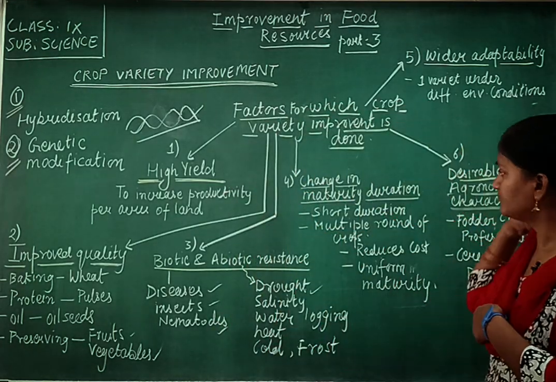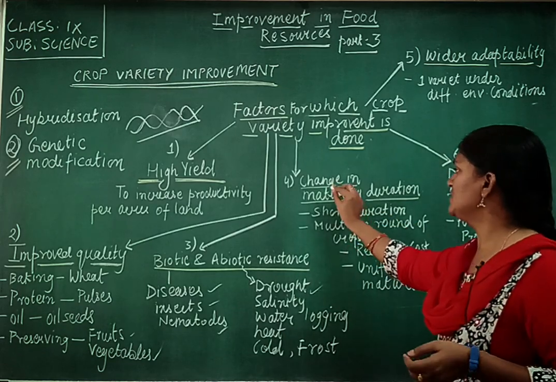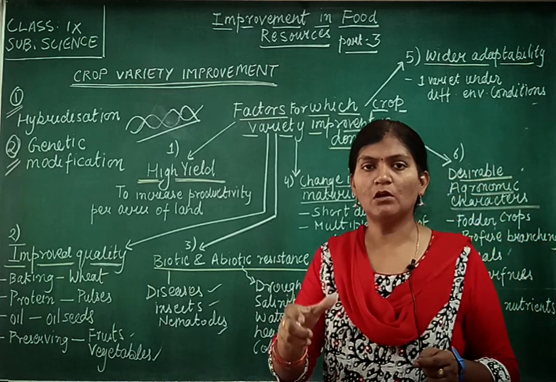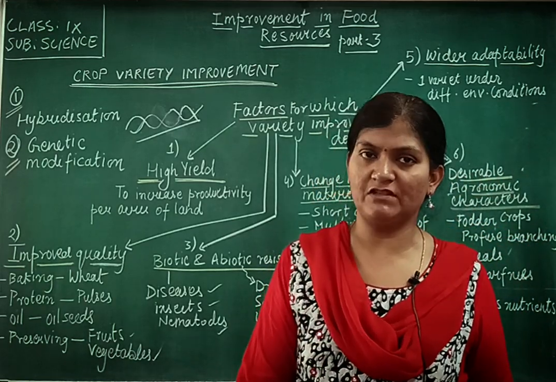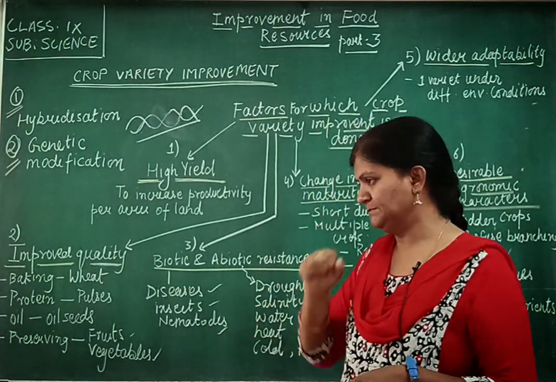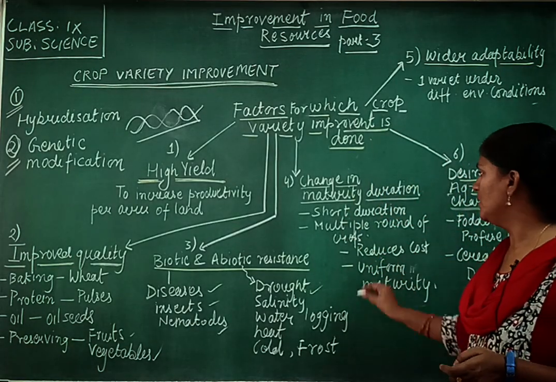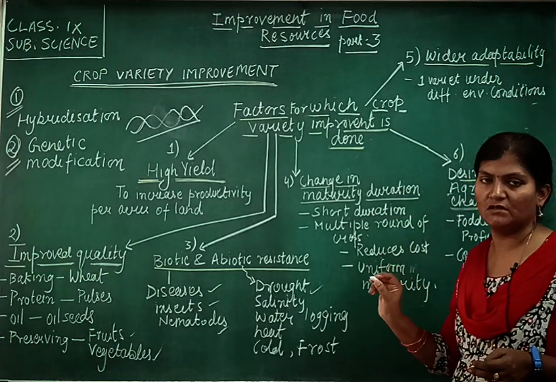Next, students, another factor is change in the maturity duration. Mature crop means when the crops are ready to be harvested. So, students, we want that type of crop which has a shorter duration.